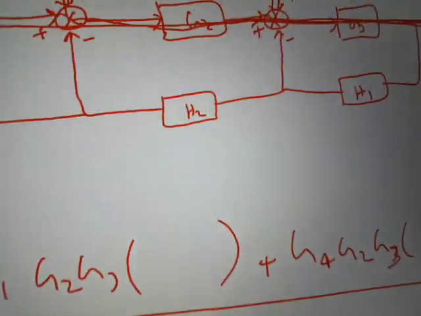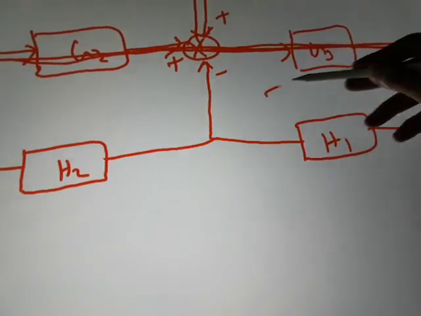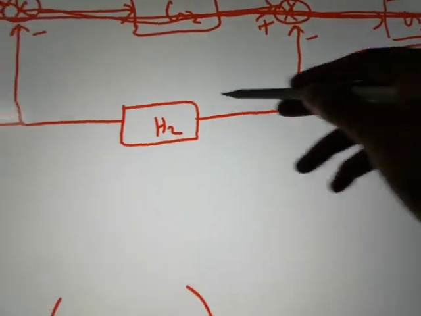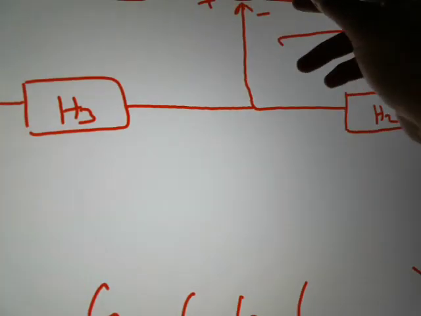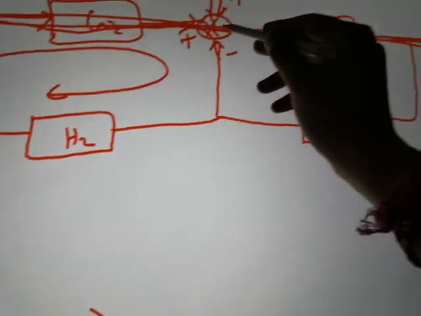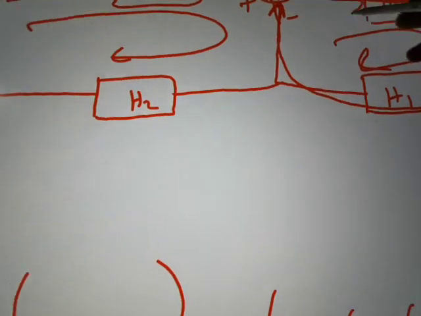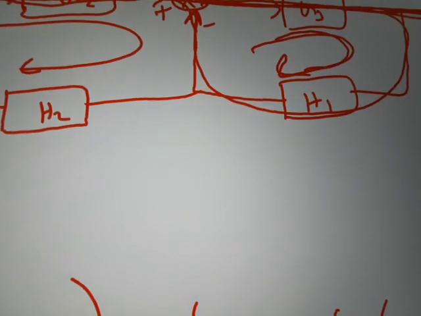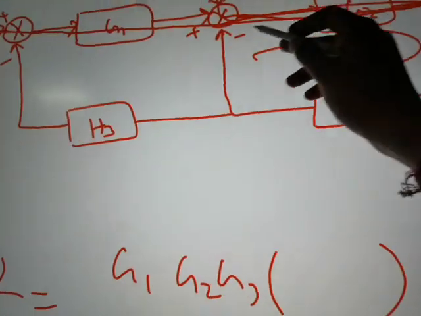Now see, one loop is this, minus G3 H1. We start from here, come back to here, so this is one loop, G3 H1. Will this be a loop? No, because of the direction of the arrow, we can't go through this path. So this will be the loop.